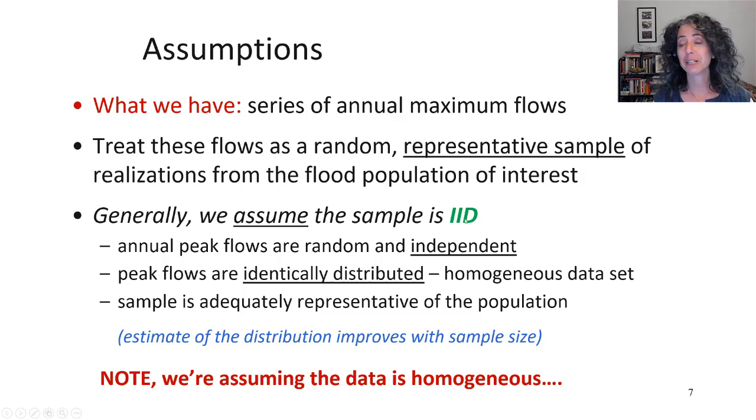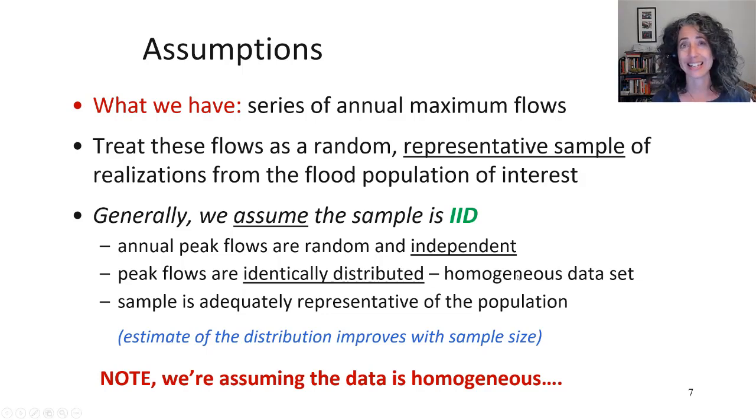We're assuming the sample is IID, which stands for independent and identically distributed. Right, identically distributed just means all the values either come from the same probability distribution or can be effectively represented by the same probability distribution.